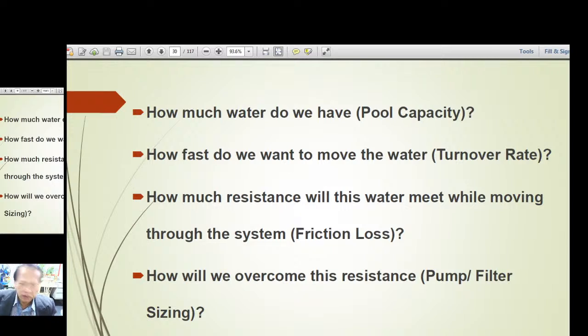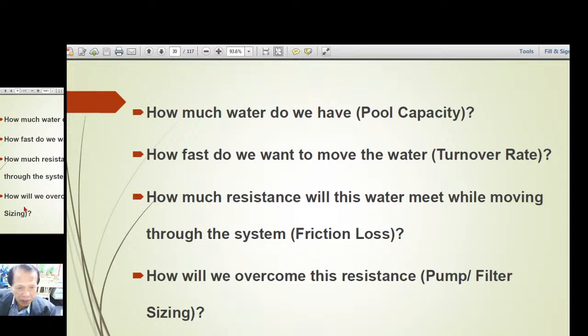So the size of the piping, the number of fittings, and of course the strength or the capacity and flow rate of the pump will determine this. Okay, because if you have so many fittings, elbows and T's, and if the lines are too small, then definitely your friction losses will be higher than usual, and you will be needing a pump with a higher capacity.